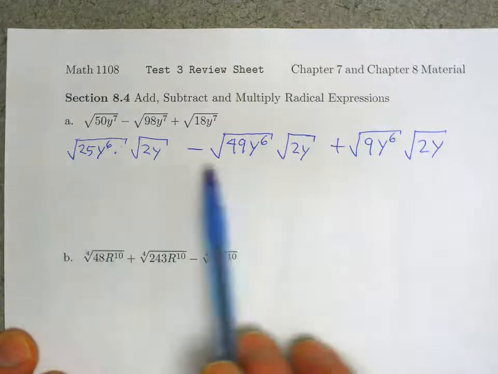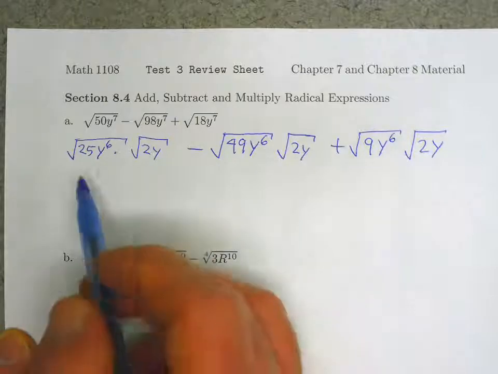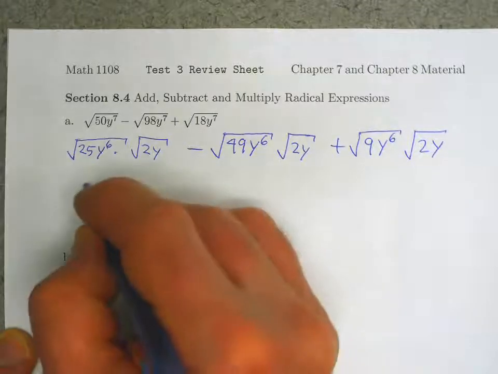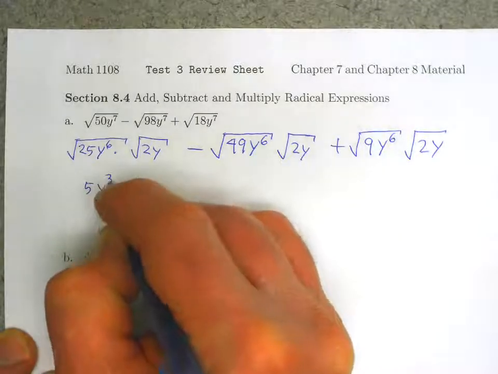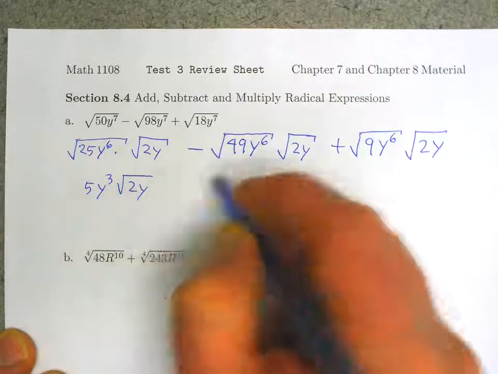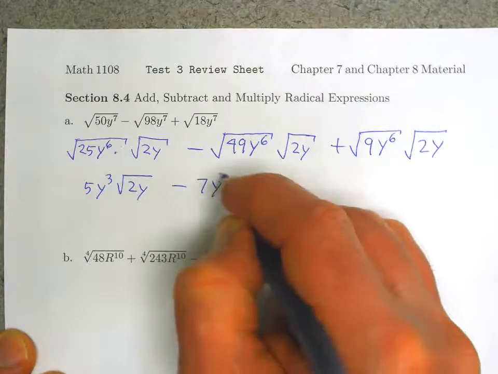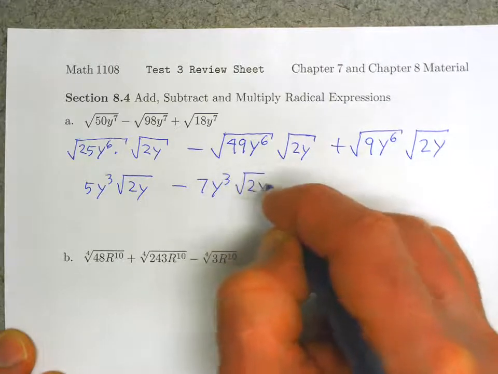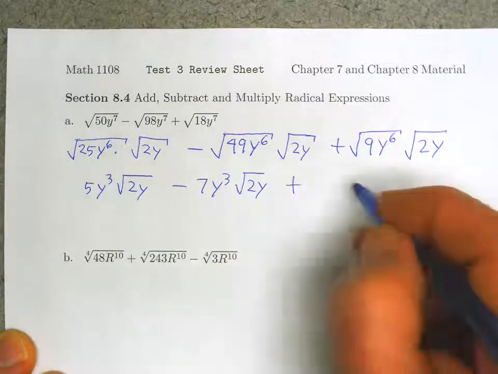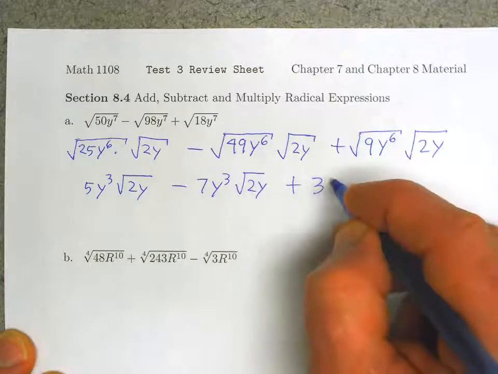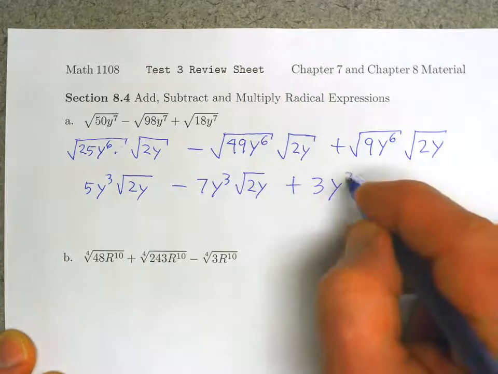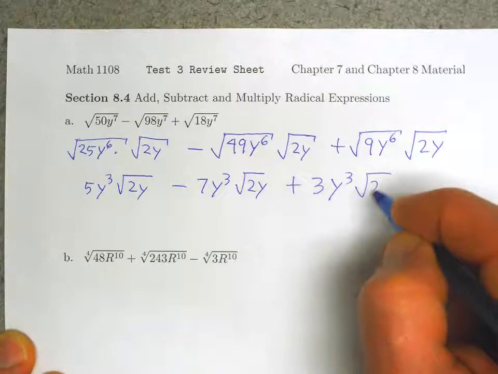Okay, we simplify the square roots of the perfect squares. So here we get 5y to the 3rd times the square root of 2y. And then minus 7y to the 3rd times the square root of 2y. And then plus 3y to the 3rd times the square root of 2y.